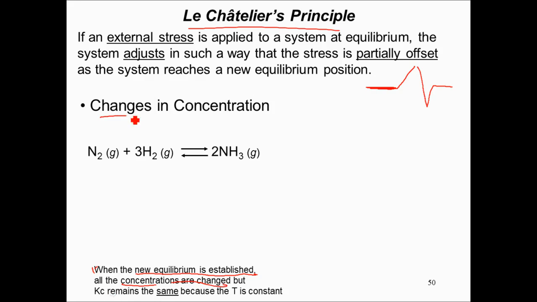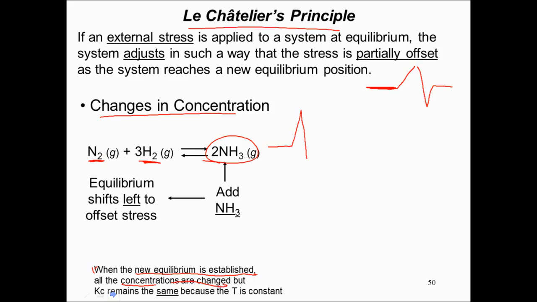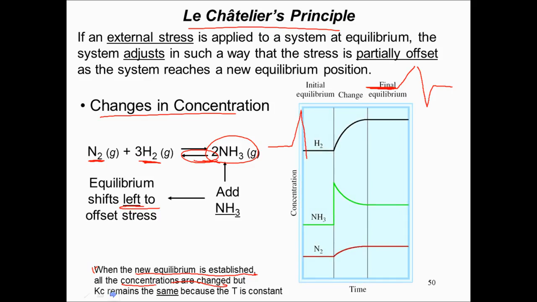So let's talk about a change in concentration in this reaction. What if you have N2 plus H2 to give you ammonia? What happens if you add ammonia? Well, what the system will do is try to decrease then the amount of that ammonia. So in order to do that, it will shift this equilibrium to the left to offset this stress.